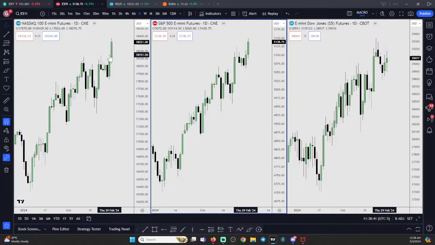Alright, so if we are going to trade below this low here for ES and below this low here for NQ, I would anticipate this swing lows to be next objective.